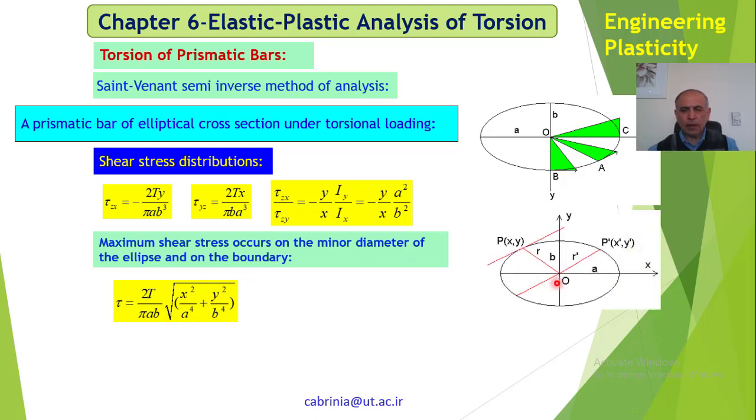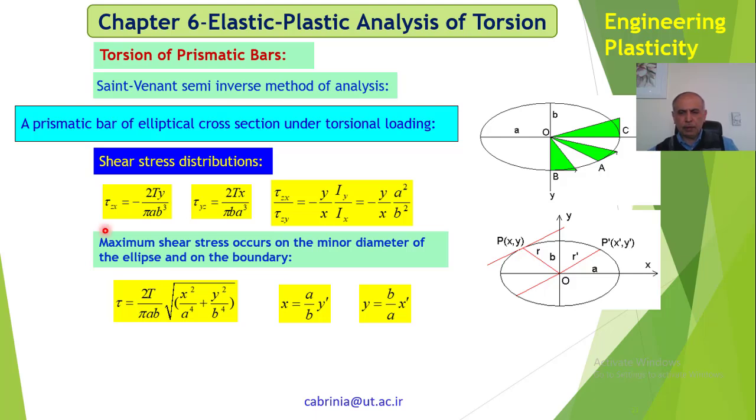In this ellipse here, we have drawn this R prime, and then R is a radius which, if we draw a tangent parallel to this line and then connect O to the point of contact, we have R and R prime, which are related to each other like this. X is equal to A over B, Y prime, and Y is equal to B over A X prime.